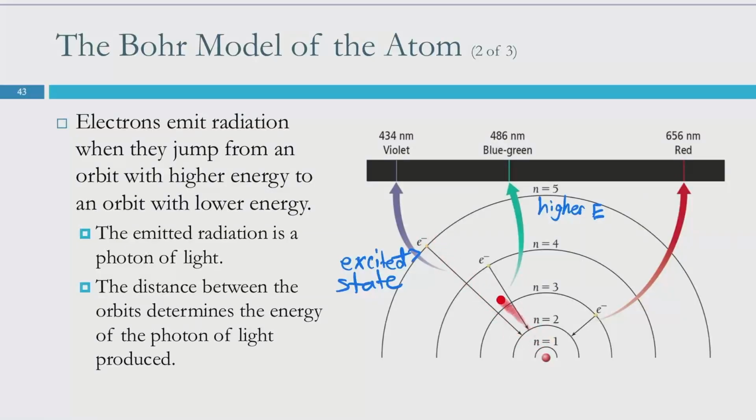And the distance that it traveled between these two is going to be fixed. So anytime it jumps from 5 to 2, it's always losing the same amount of energy, and so it's always emitting the same wavelength of energy, because the wavelength is directly related to the color and the energy.